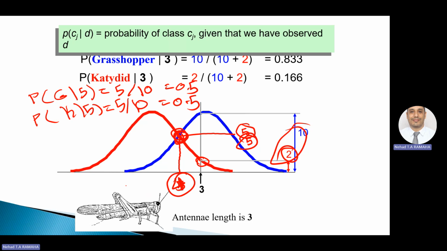No, because we wrote 5. It's the number of insects with this length. Okay, you confuse between the numbers. That's why I changed it to 4, so you don't confuse.